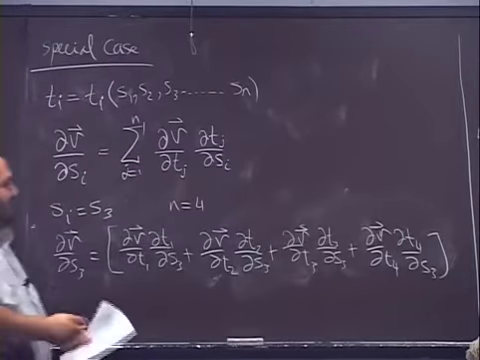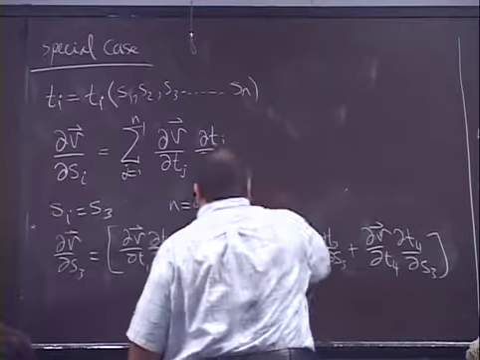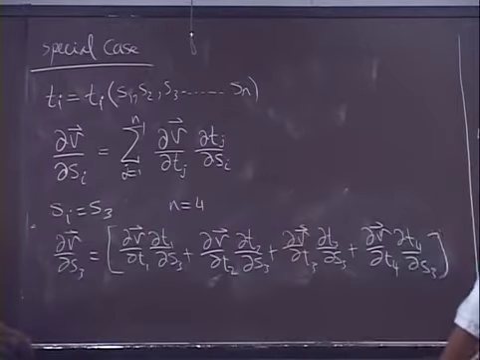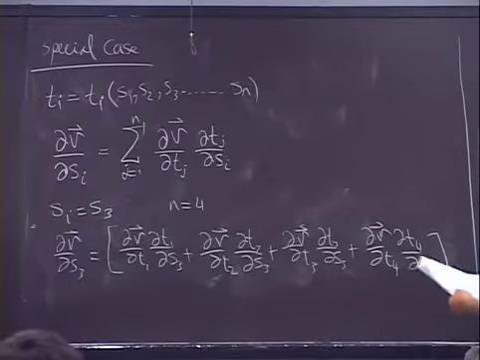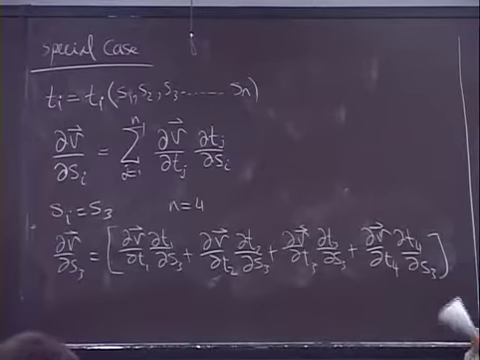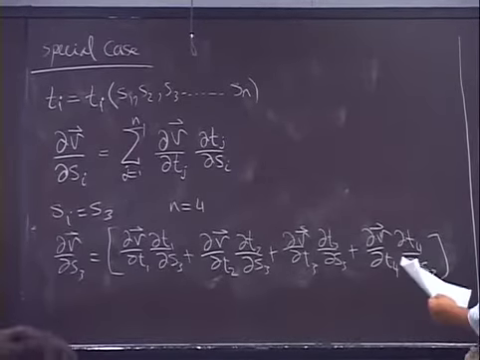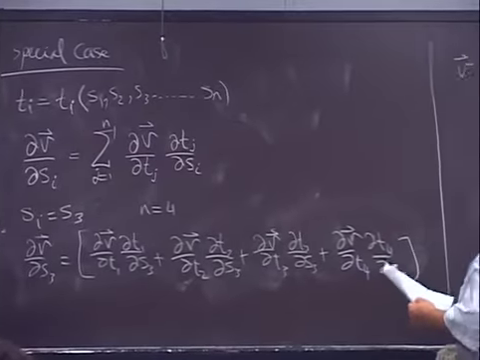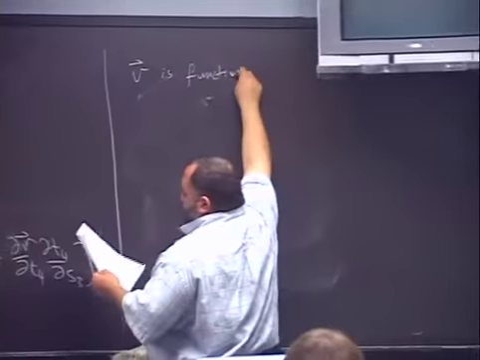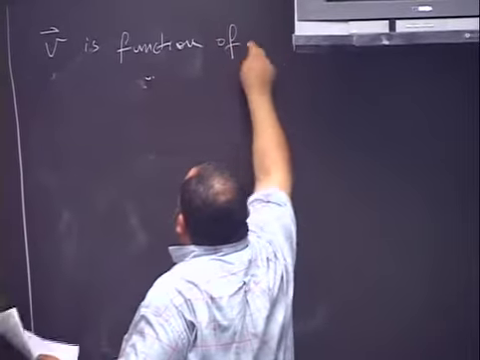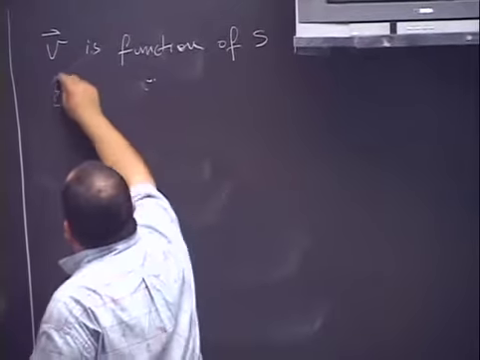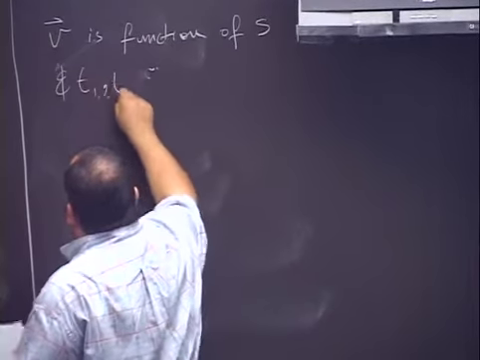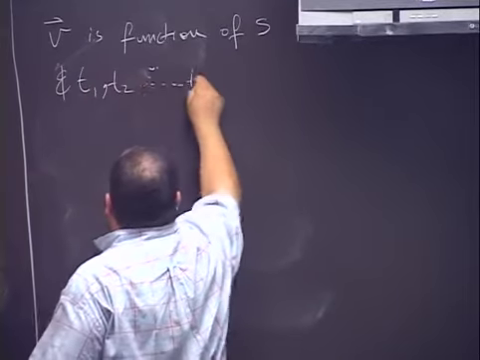We can get a special case of this now. If we want to calculate the derivative, but now the vector v is a function of s and the t's, t1, t2, up to tn.